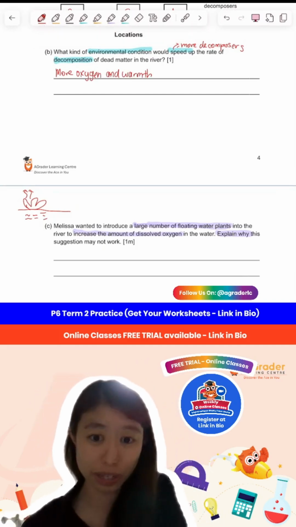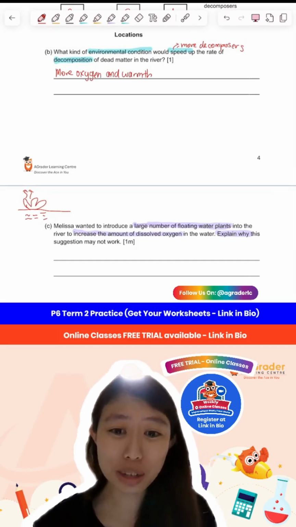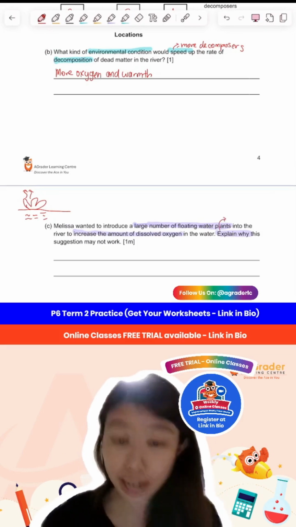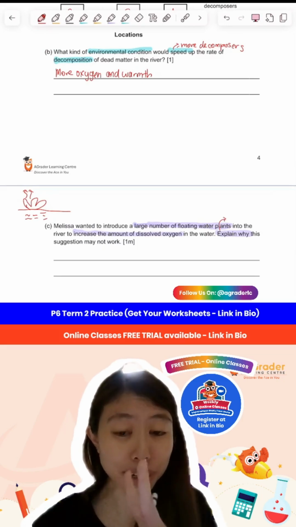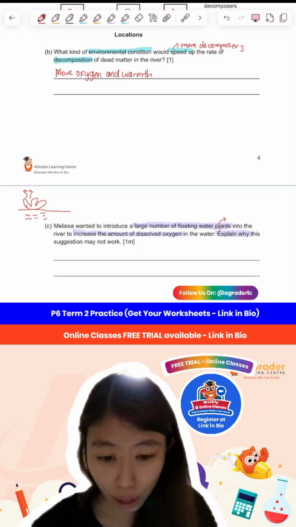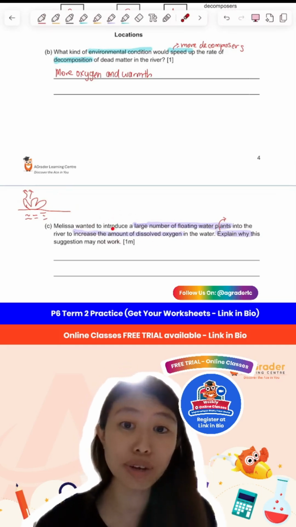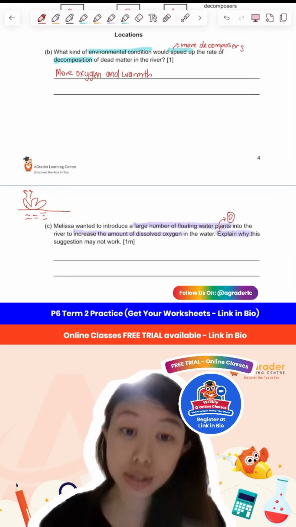This one is a bit harder to explain, if you haven't learned this topic. In AGrader we learn explanation, and there are two types of explanation question. This is not an experiment. They didn't give us any result for this particular part. So it's describe, 2 steps only.